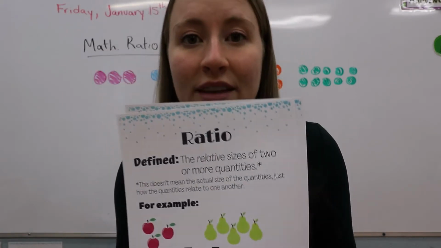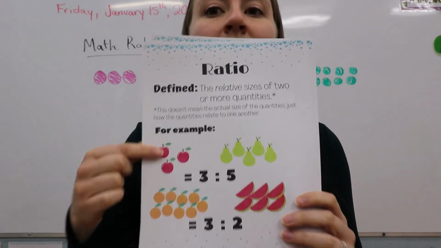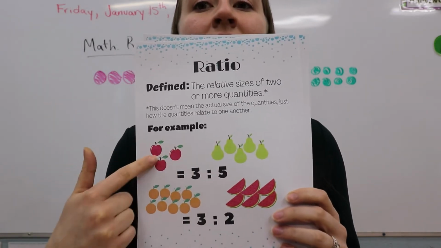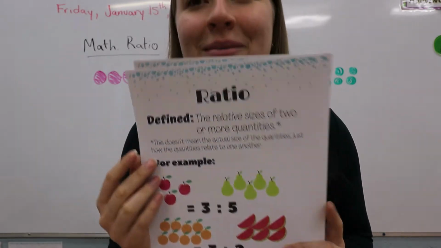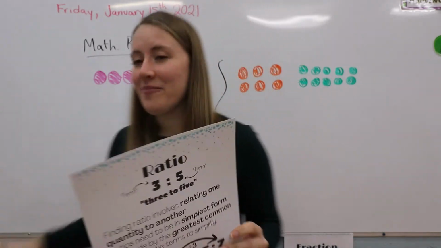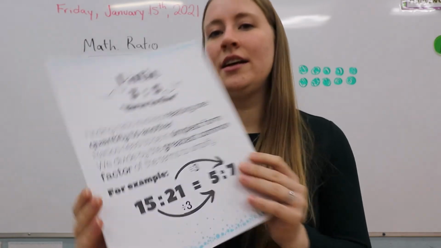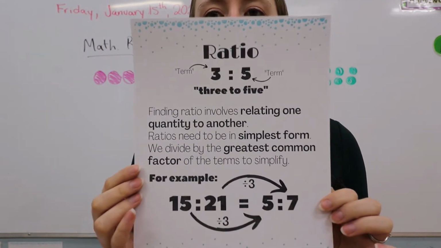You'll learn more about that on Monday. Today we're just going to be working with numbers like this, where it is the actual numbers. And I'm sorry, it's 3 to 5, my mistake.